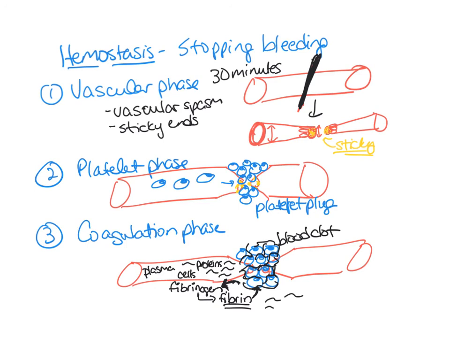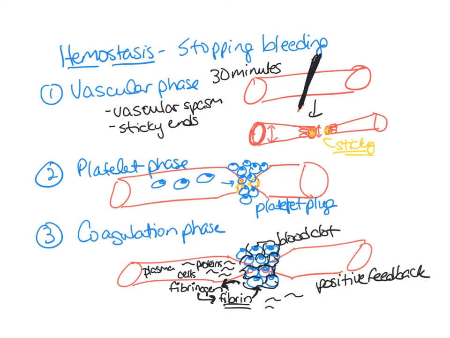So that is what we call positive feedback. It's positive feedback because the process continually gets more exaggerated instead of stopping. We get more fibrinogen being converted to fibrin because this blood clot is forming. So that's the coagulation phase.